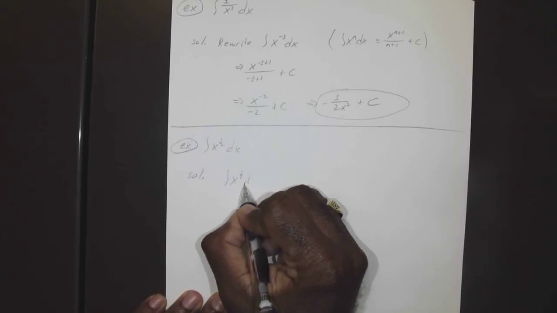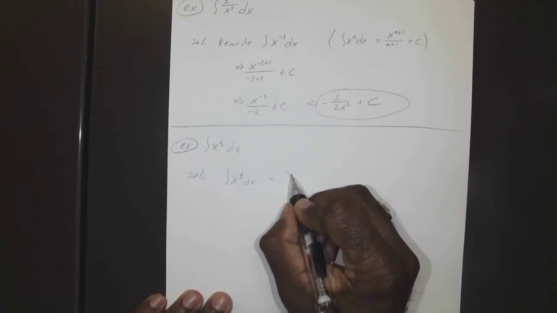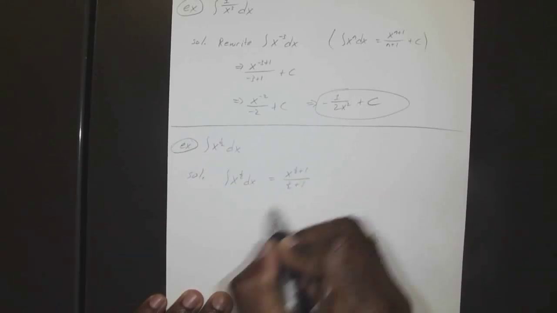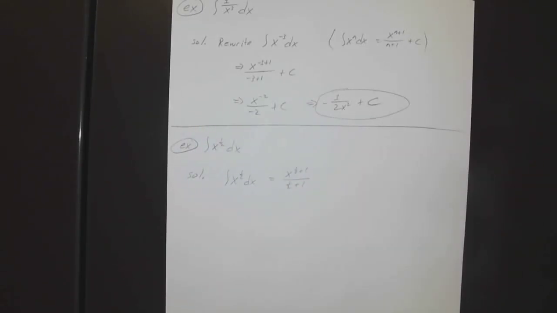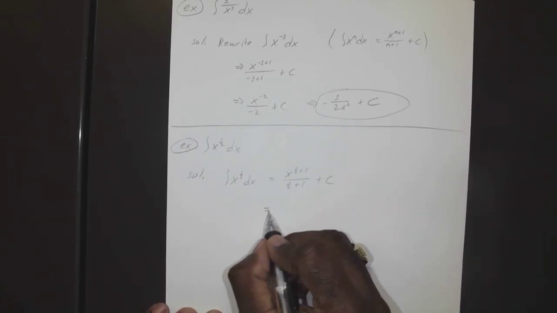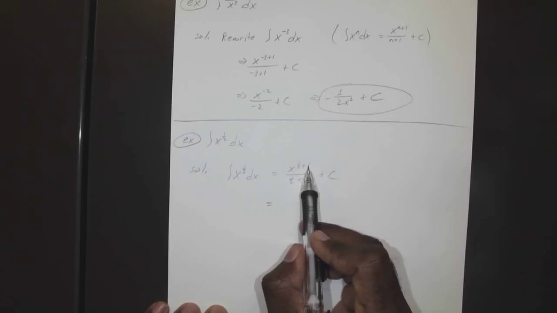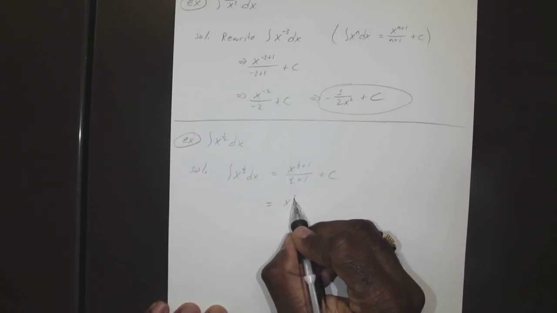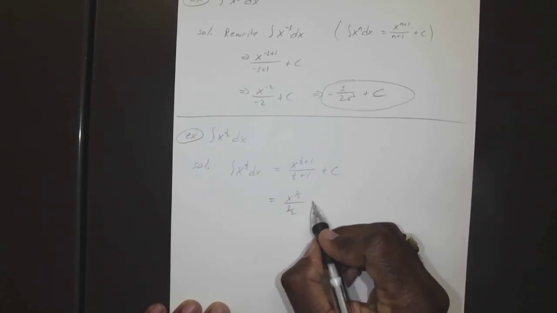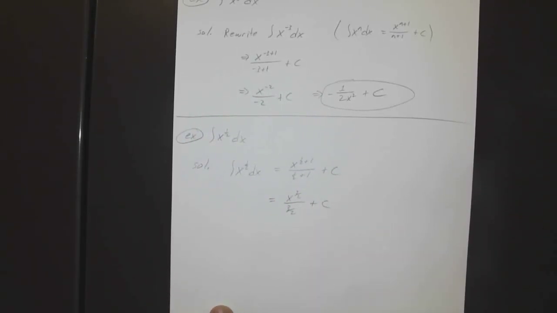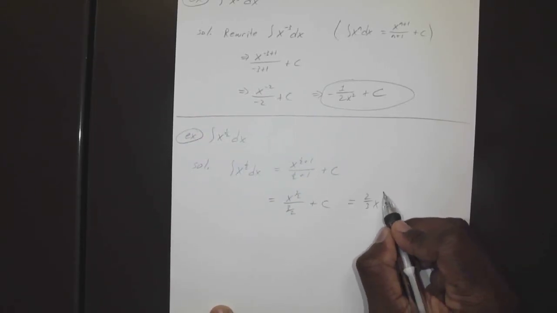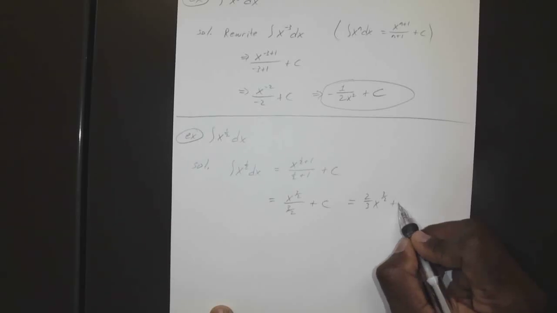The integral of x to the 1/2 with respect to x is x to the 1/2 plus 1 over 1/2 plus 1, plus c. Which is equal to x to the 3/2 power divided by 3/2 plus c, which is equal to 2/3 x to the 3/2 power plus c.